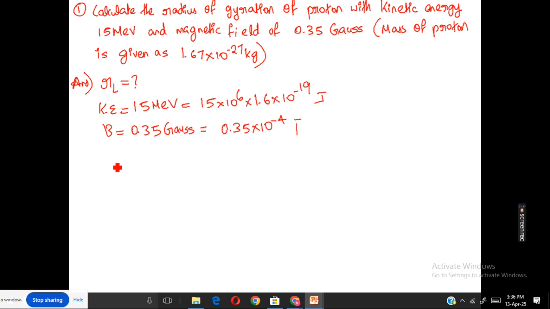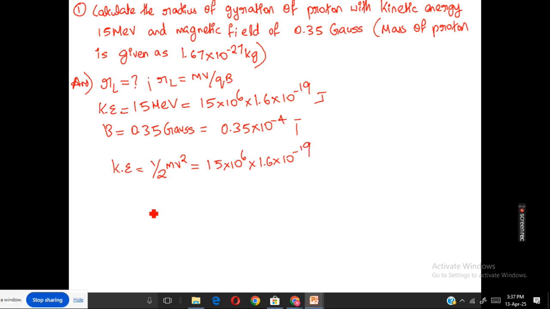Now, the equation for the radius of gyration RL is given by mv by qB. We know the mass, we know q since it is a proton, but we don't know the velocity. But kinetic energy is given. So kinetic energy is basically half m v square, which is 15 into 10 raised to 6 into 1.6 into 10 raised to minus 19.